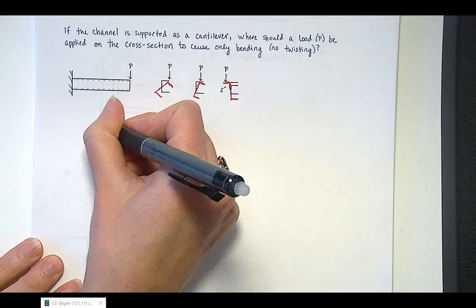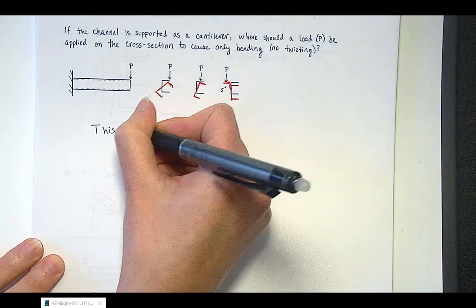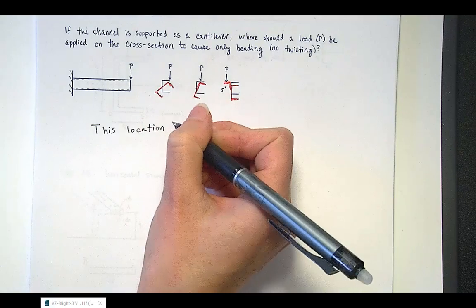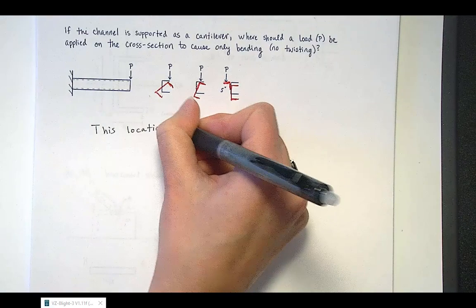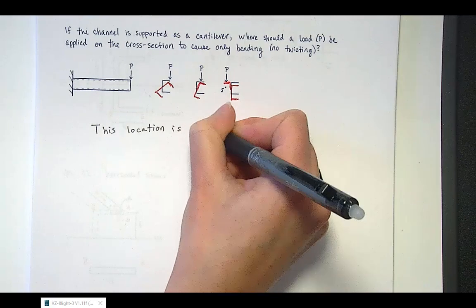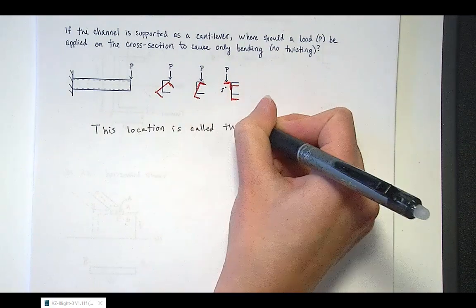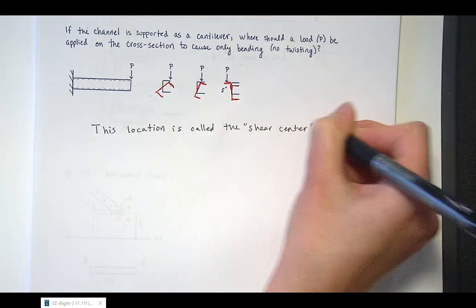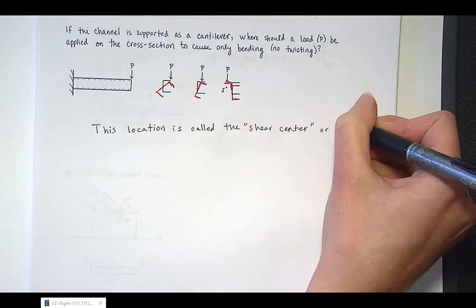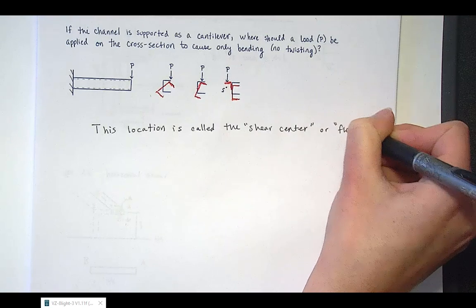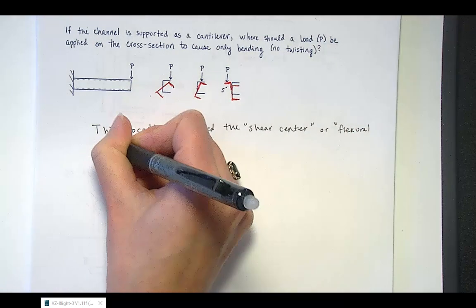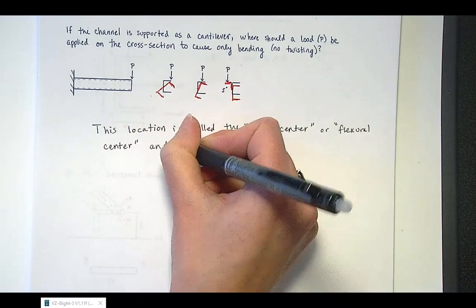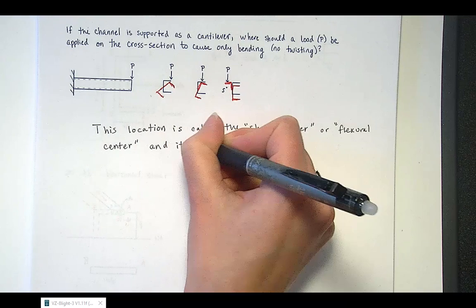So this location is the shear center, also known as flexural center, and it is the point of application that eliminates torsion.